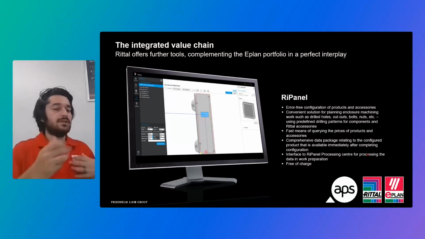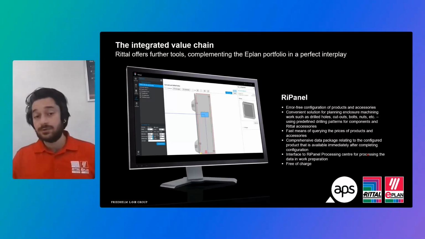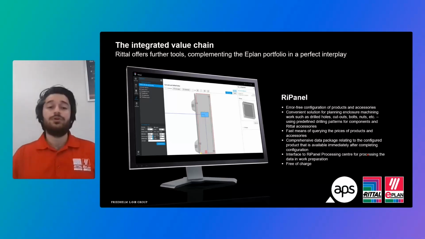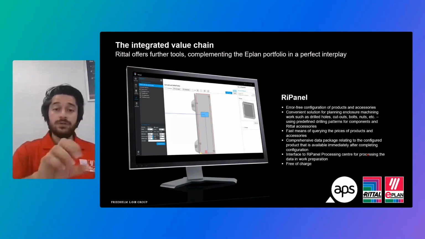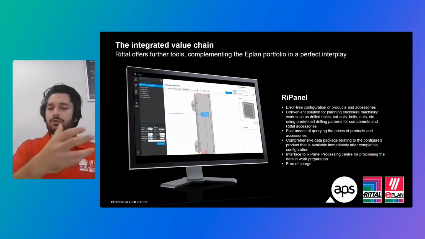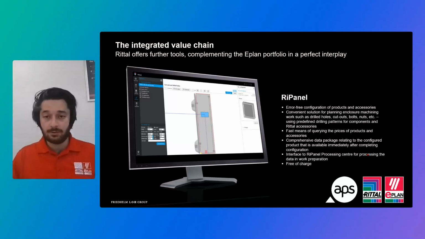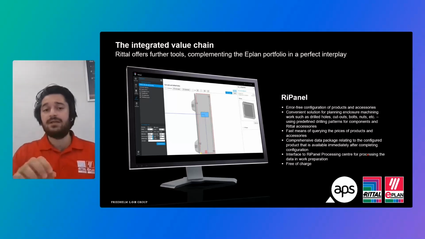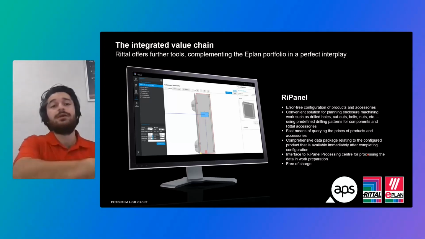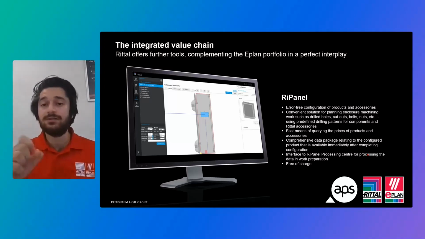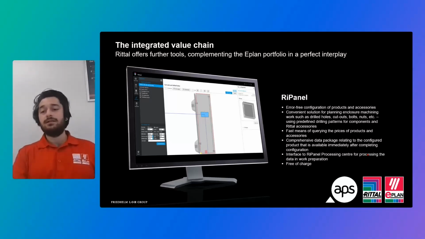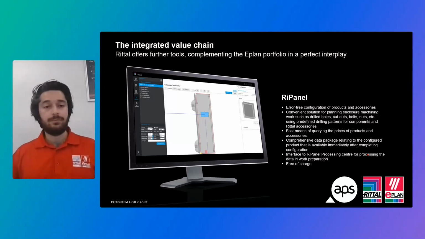Say I want to add some accessories or some cutouts. You can do that directly using RiPanel. Once you've done that, you can place an order directly with Rittal or APS. But you can also bring that model back inside Eplan and start using it there. We're going to see this workflow directly in the live demonstration, so don't worry about that.